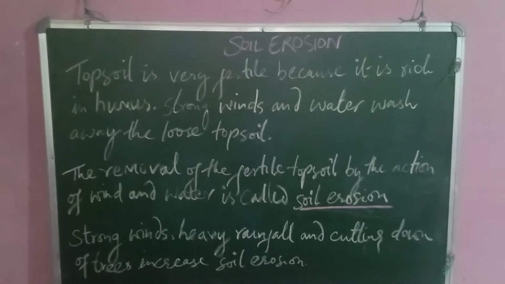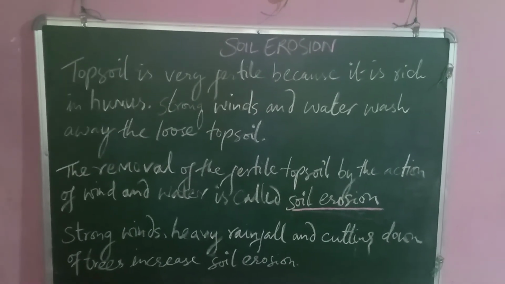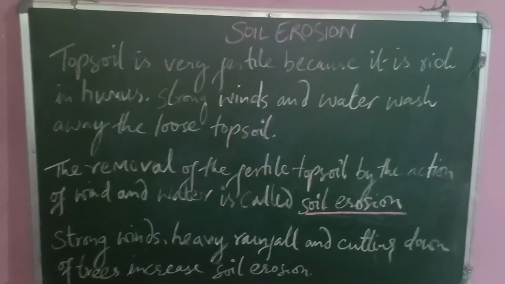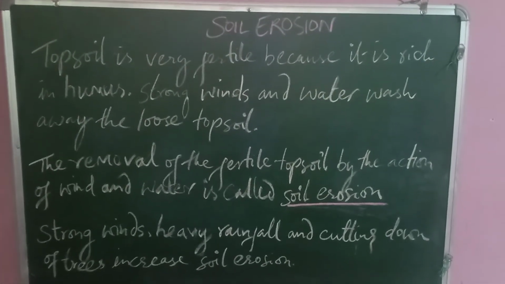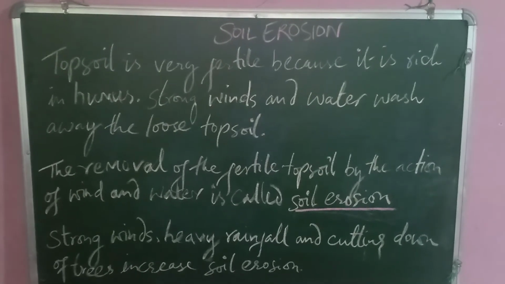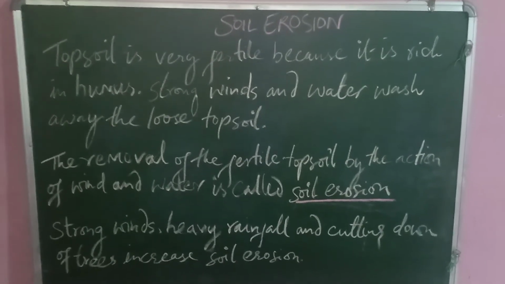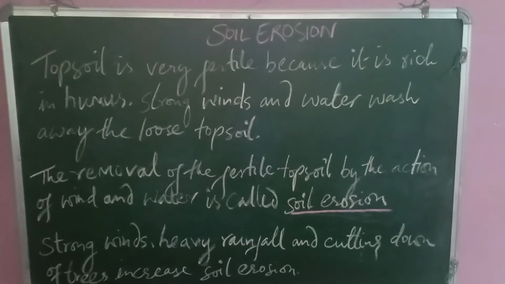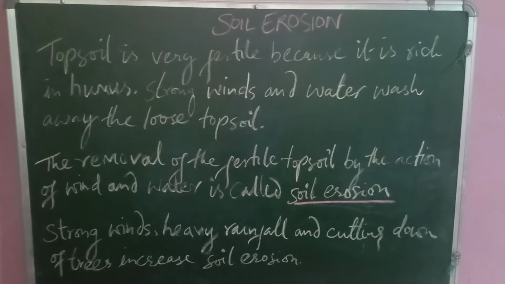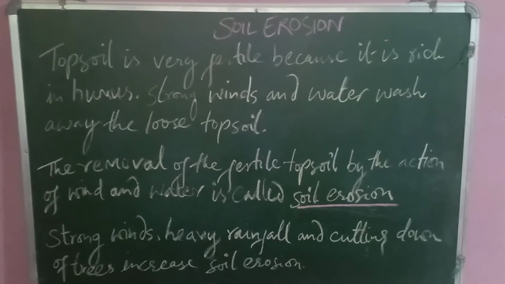So what is soil erosion? Topsoil is fertile because it is rich in humus. Strong winds and water wash away the loose topsoil. The removal of fertile topsoil by the action of wind and water is called erosion.